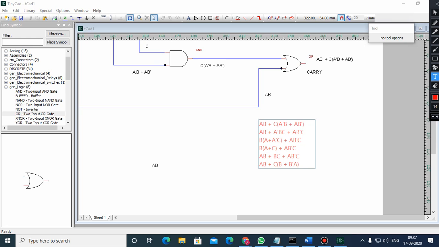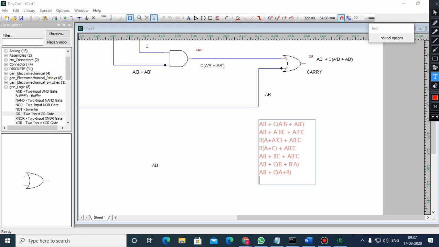This can be written like this. So now it is AB plus C, and here you can write A plus B, because B complement will get eliminated.